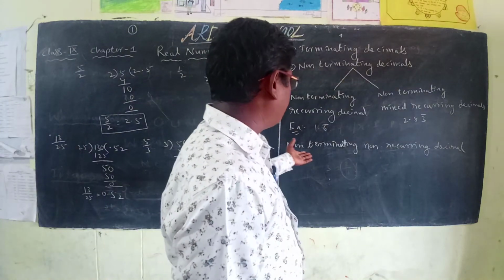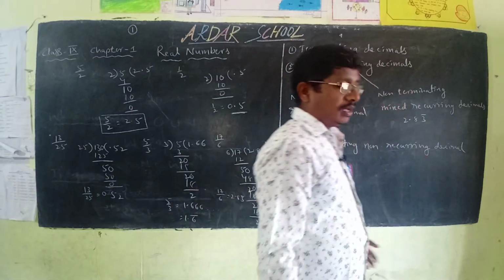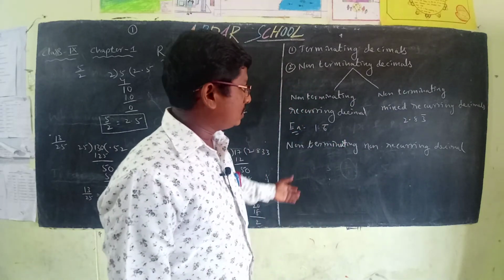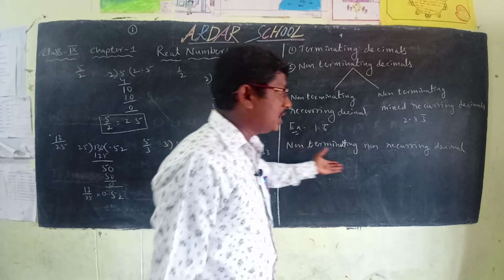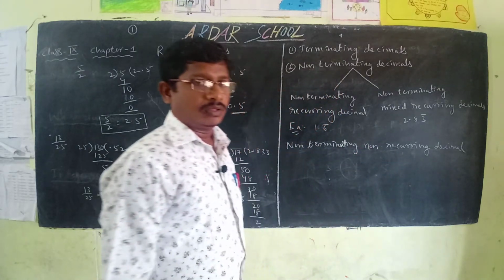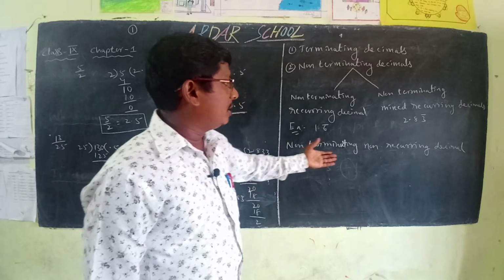The definition of non-terminating non-recurring decimals is that this continues endlessly. The decimal digits continue endlessly, and the group of digits is also endless. This is a non-terminating non-recurring decimal.